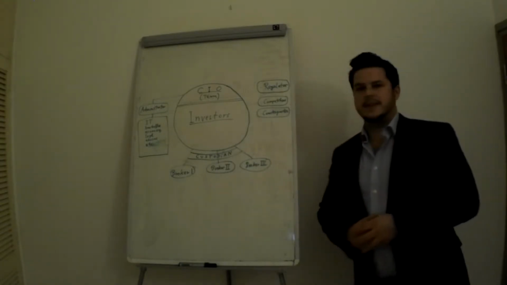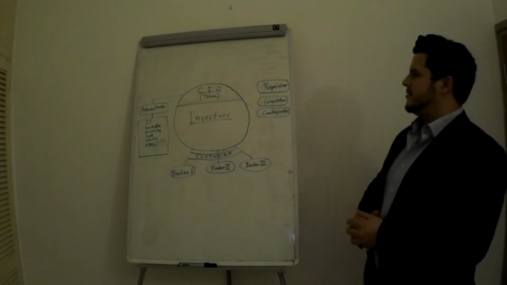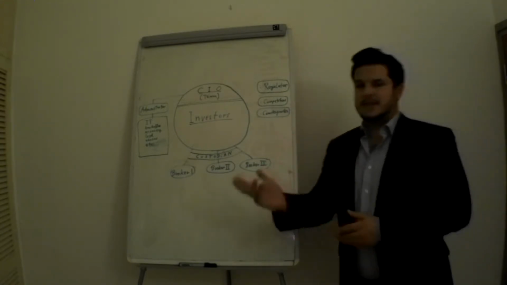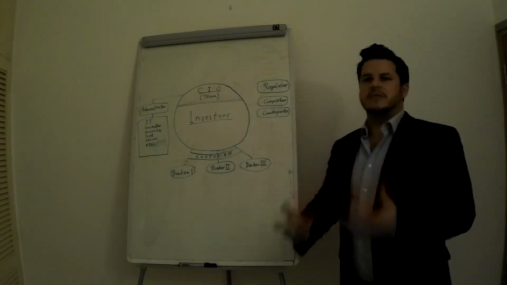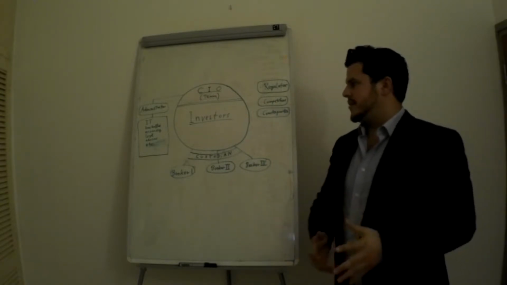Then of course there are other entities. There's a regulator, there are competitors, there are counterparties to the trades. So this should give you a general overview of all these components and how they work together.